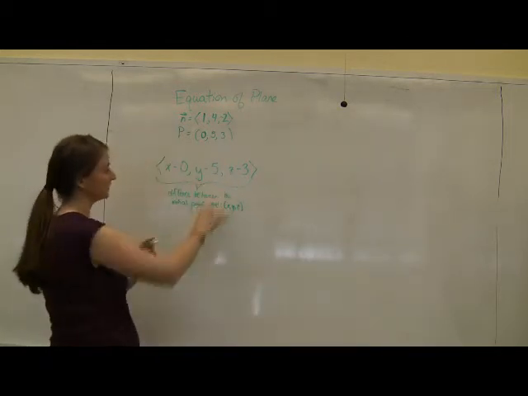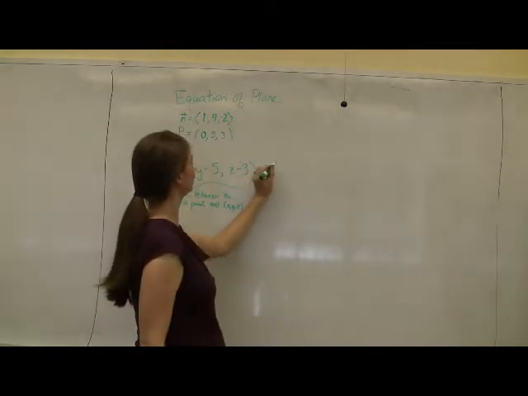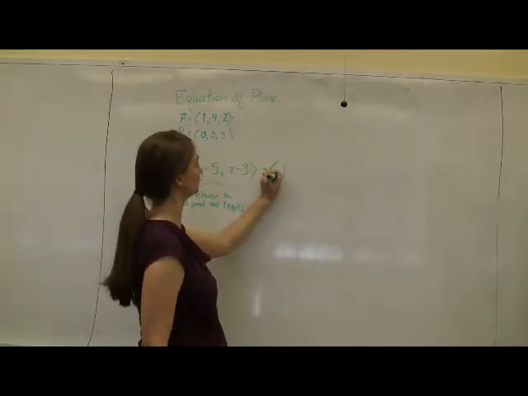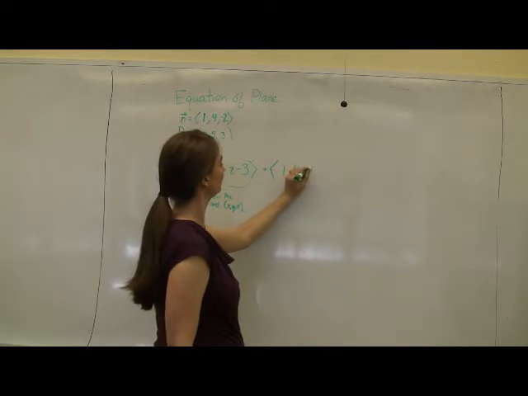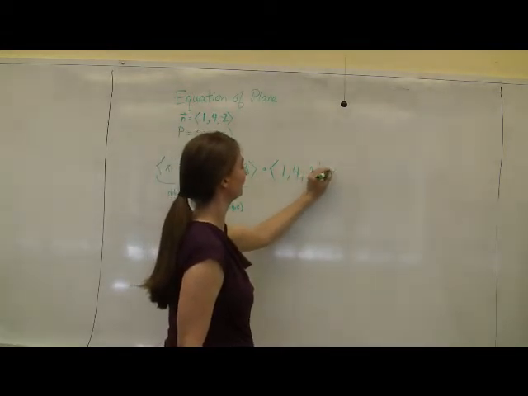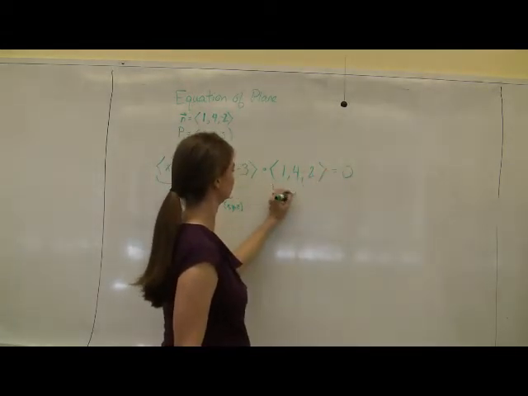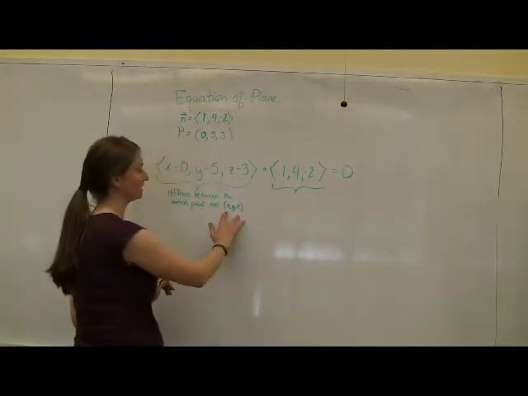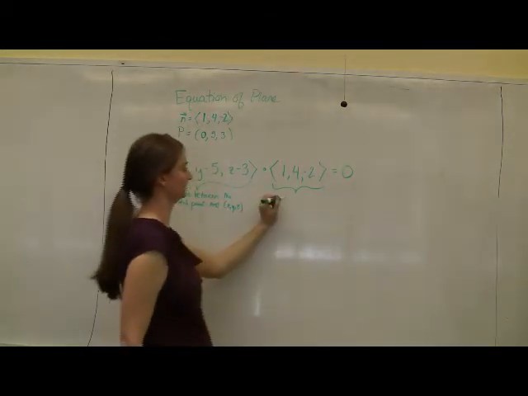And I know that this vector dotted with the normal vector, which in this case is 1, 4, negative 2, had better be equal to 0. Because that means that my point xyz must be on the plane.